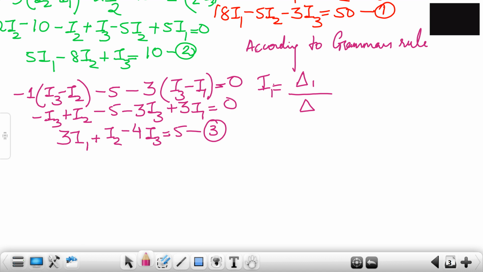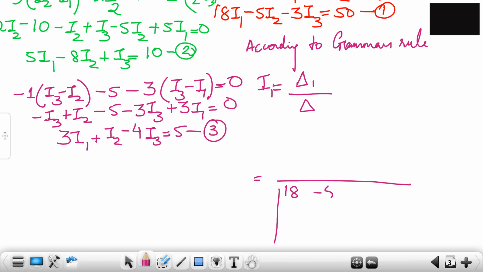Now when we are talking about delta, what will be your delta? Delta will be all the I1, I2 and I3 coefficients together.